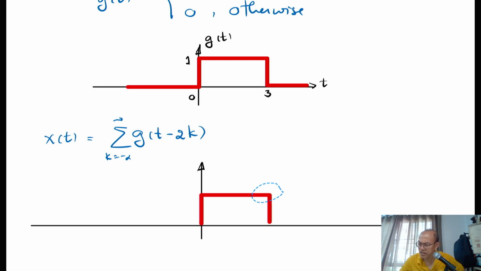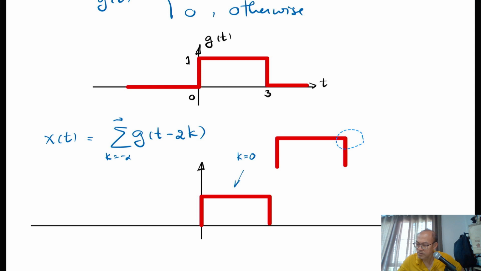This is the case when k is 0. Now when k is 1, I have to move this 2 units to the right, right? Because it is t minus 2 when k is 1. So if I move this to the right 2 units, it was here 1 unit, right? 2 units is here. Do you see they are overlapping, right?